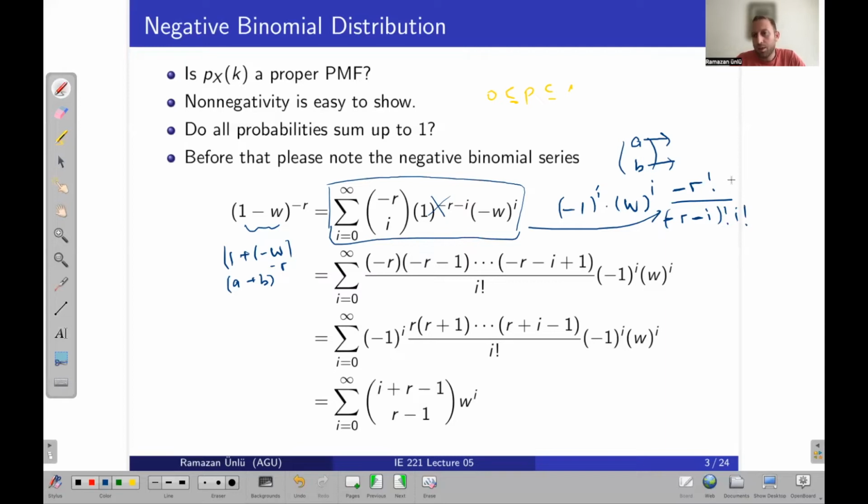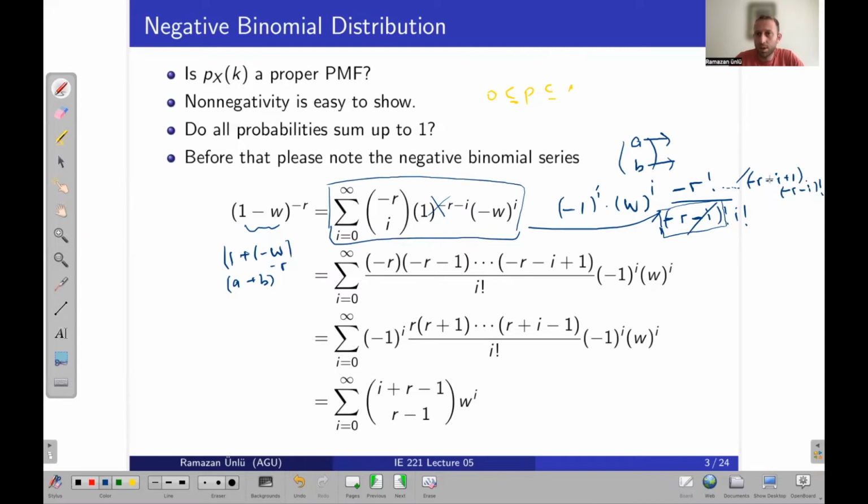So here I will get something, this one, and these two will cancel each other, right? So before the cancellation, the term will be minus r minus i plus 1 times minus r minus i factorial, right?